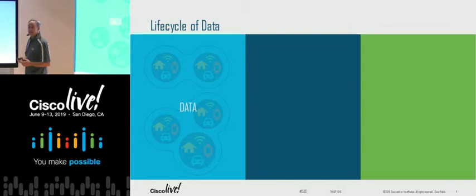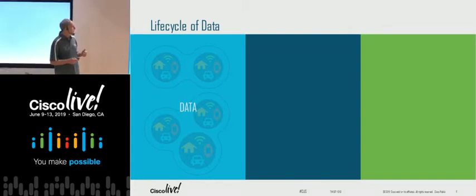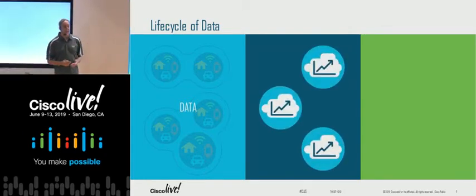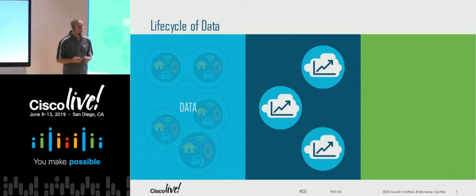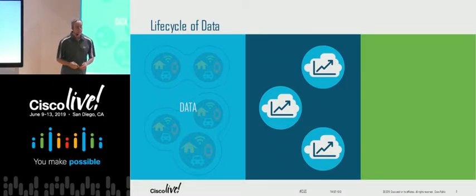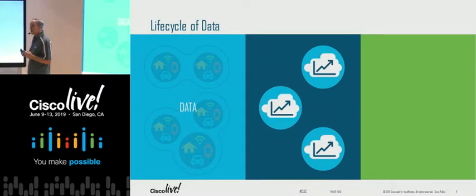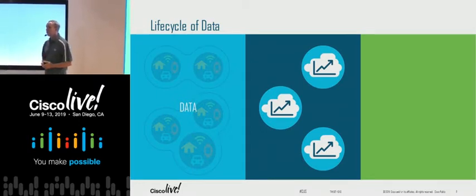We have data at this point, but it's not until we can start to apply some analytics, some intelligence. What does that mean? It could be as simple as applying context to the data. So now I know not just I have a piece of information from a FANUC robot, but I now know where the robot is.